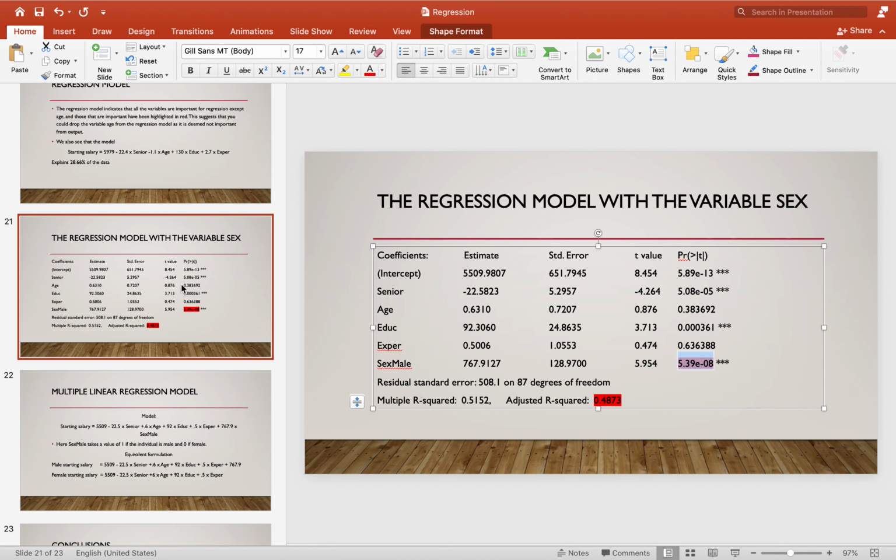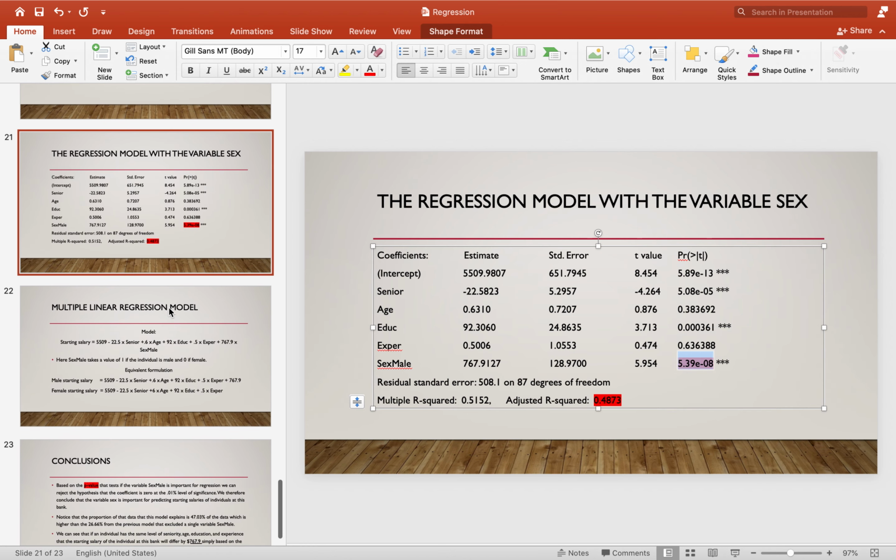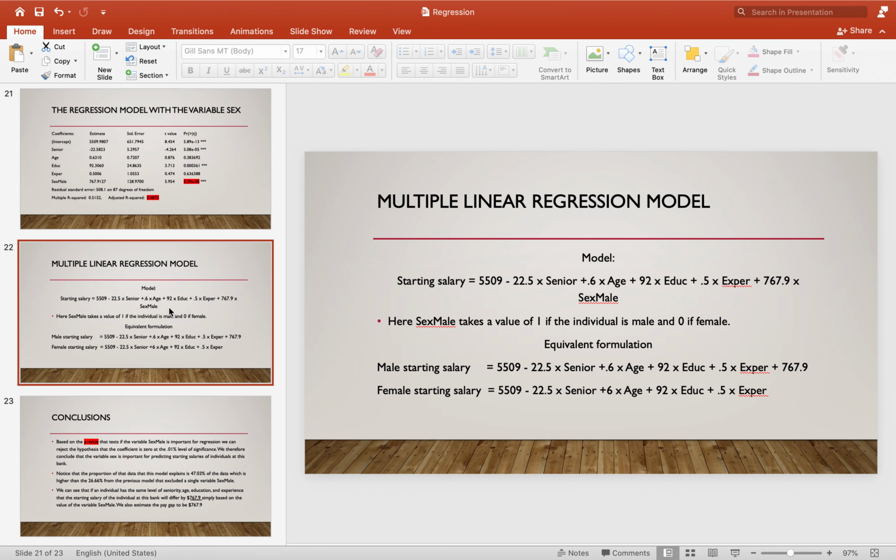Now, let's just write down our formula. Our overall model, we just take it from these estimates right here. Hopefully we write down everything that we had before. And I kind of rounded in some places because it's hard to fit on the screen, but this would be our regression equation. Now here, sex male is a dummy variable.